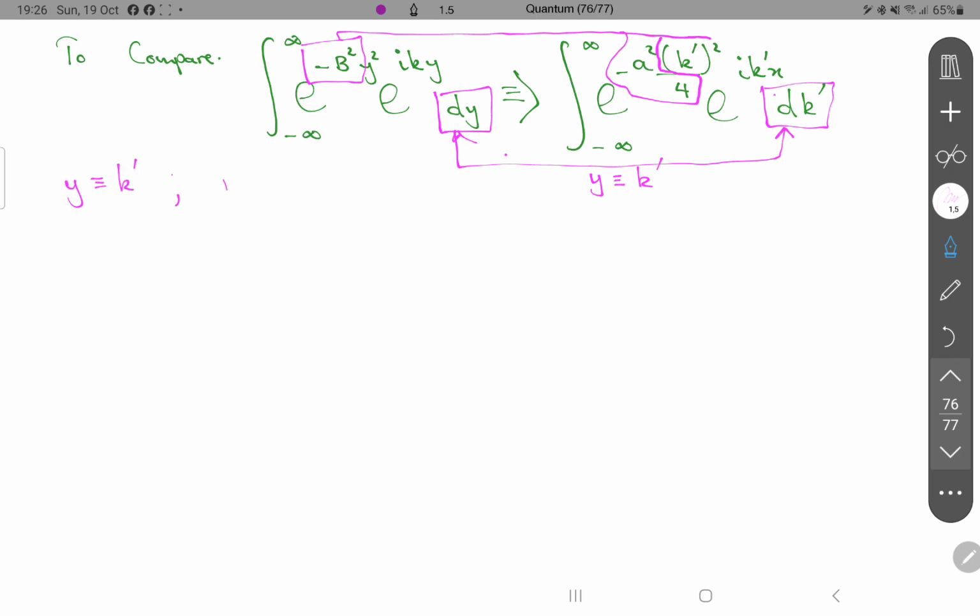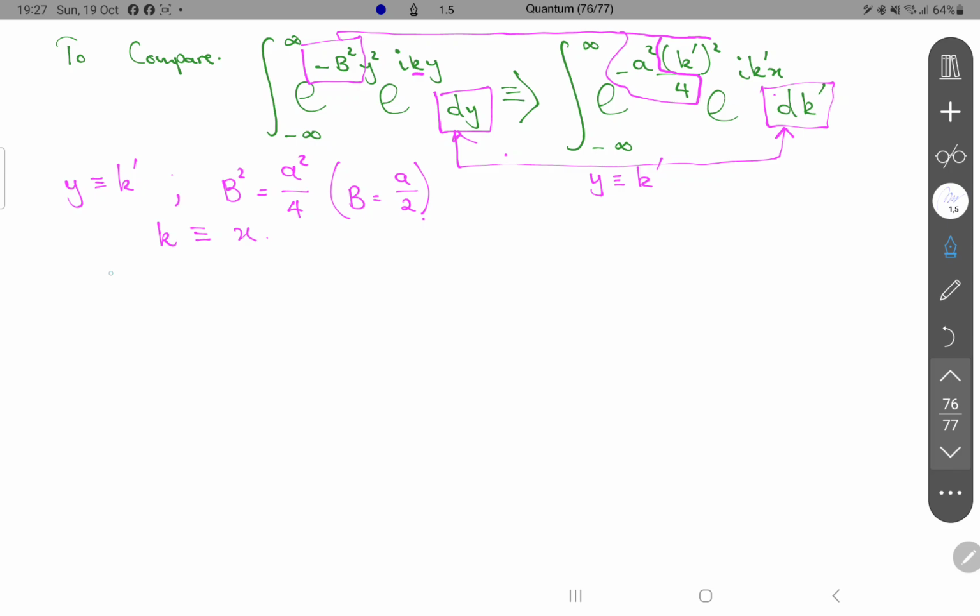Then b squared is compared to a squared over 4, which means your b equals a over 2. What will remain is k, so your k from the other side is compared to x. So you have done the comparison now.